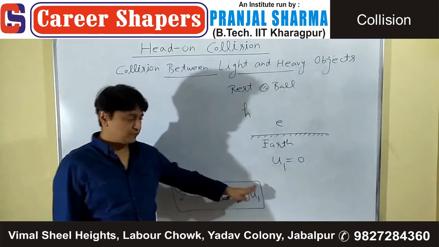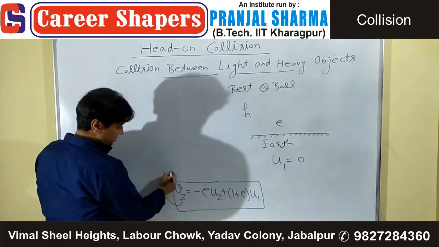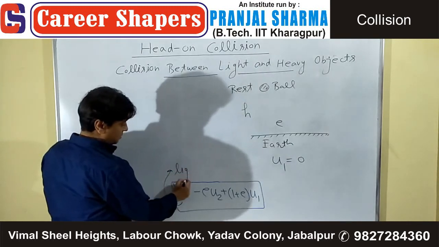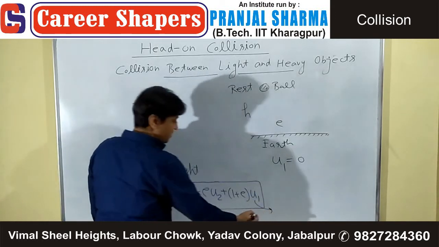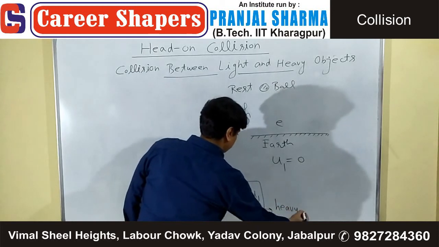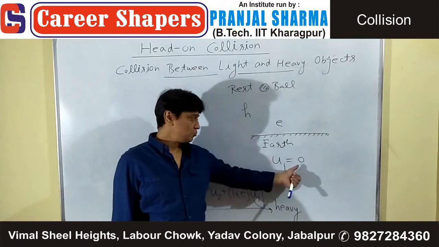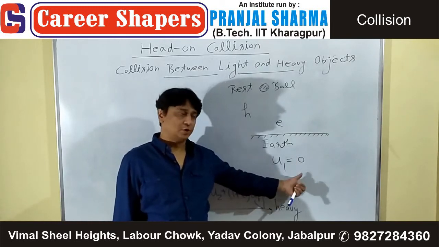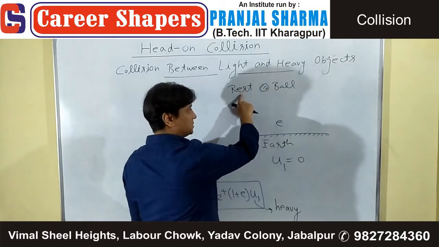If you are using this formula, remember that 2 is for light object and 1 is for the heavy object. For us, Earth is not moving, u1 is 0, and this ball is at rest.